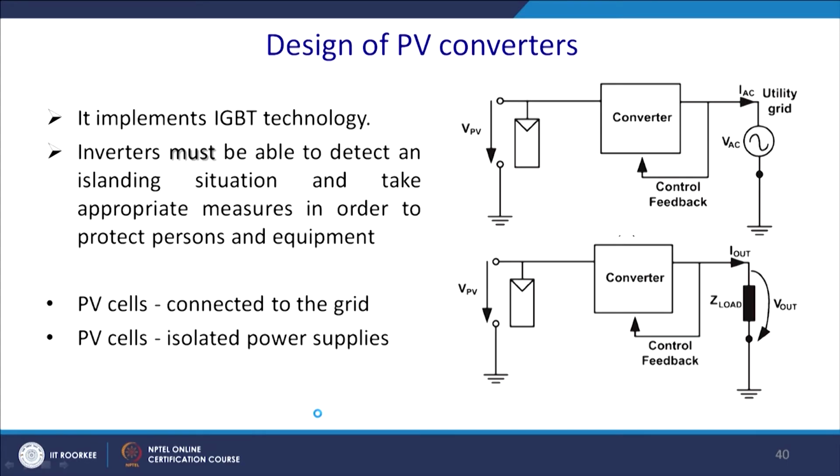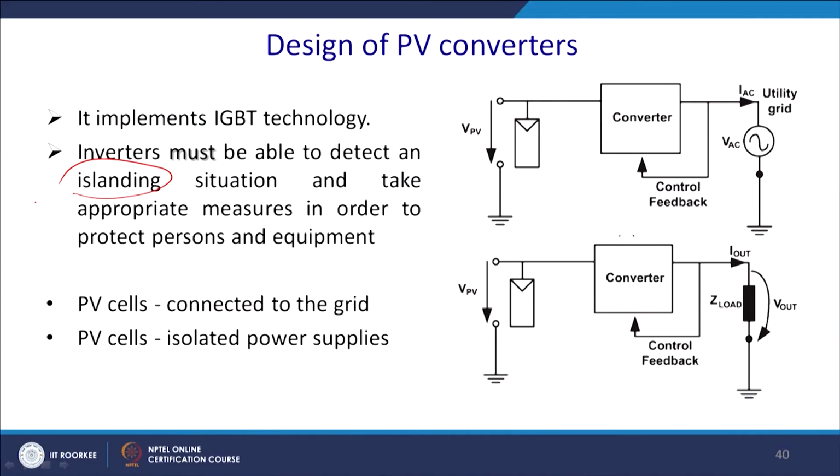It implements IGBT technology, because it is at a level of 10 to 100 kilowatt. The inverter must be able to detect islanding, that is one of the required features, otherwise the user can get a shock. What happens if the grid is removed is that, due to the presence of inductance and capacitance, an oscillation might be set up in the grid, and the solar inverter tries to pump energy into the open grid.